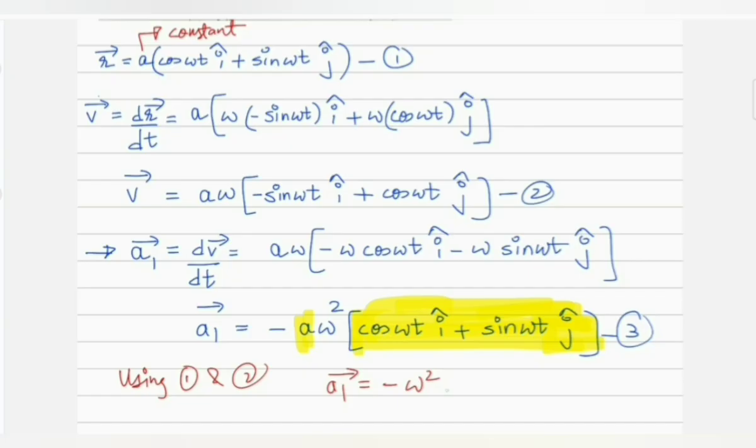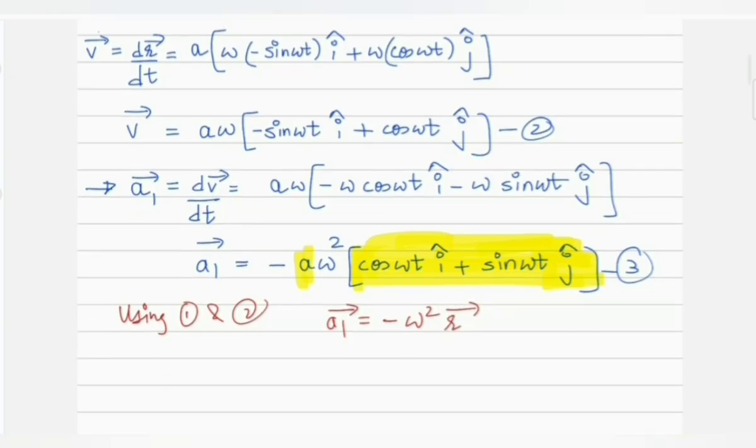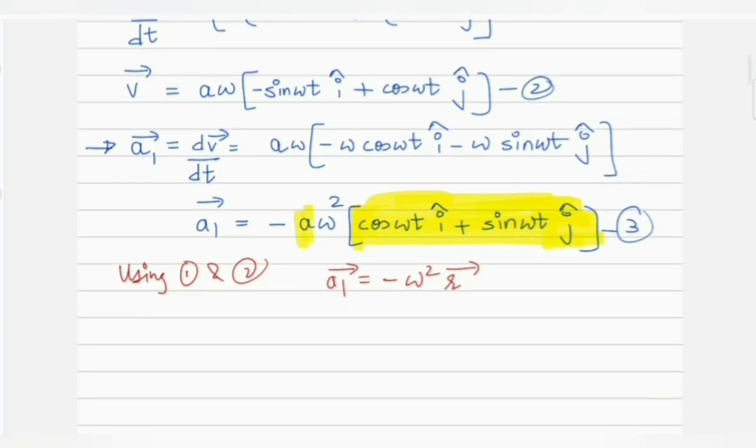So I can replace that by r vector. So using 1 and 2, I got the conclusion that acceleration is minus omega square multiplied by r vector. Can I say, students, force F vector is mass times acceleration? So this will be mass multiplied by a1 vector, that is minus m omega square multiplied by r vector.